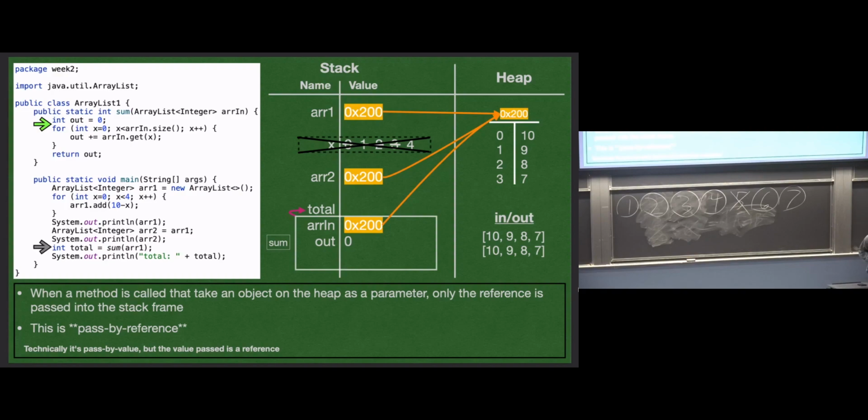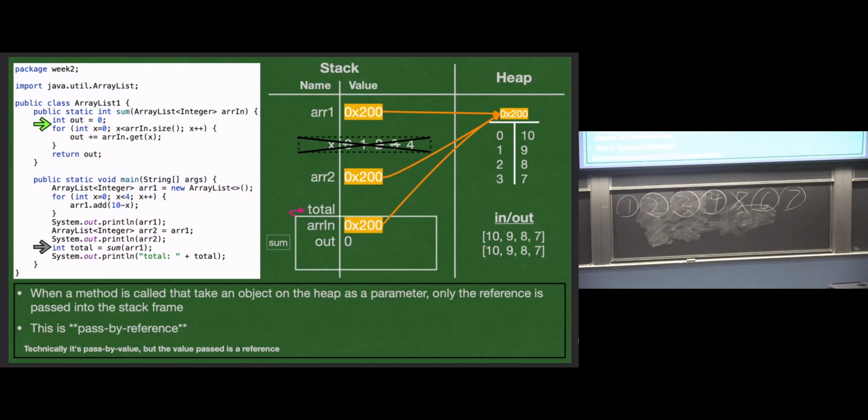Whenever we call a method that takes an object as a parameter, in this case, an array list of integer, we're going to take a reference to an array list of integer, which we usually just say takes an array list of integer, Rn. We have this hidden assignment, array list of integer Rn equals R1. R1's value is just 0x200. So Rn's value is just 0x200.